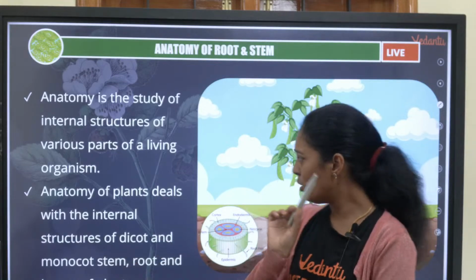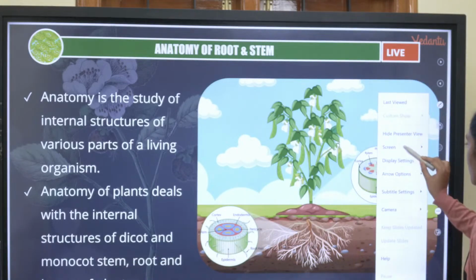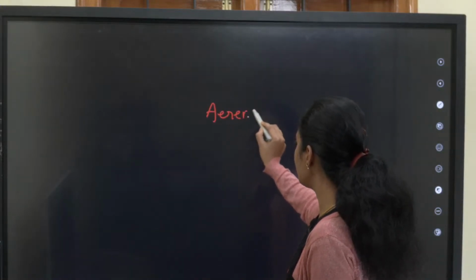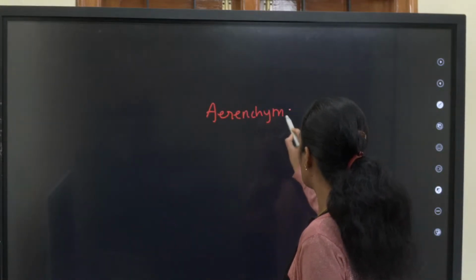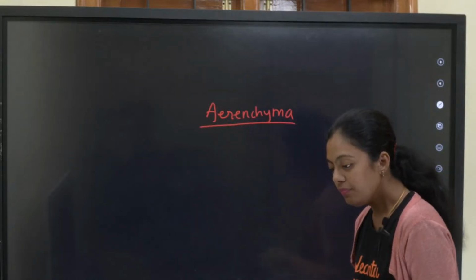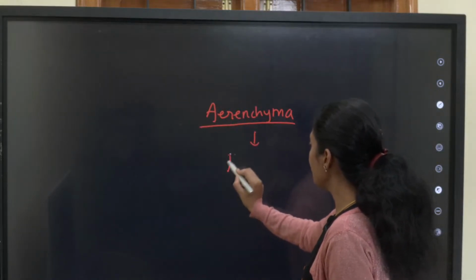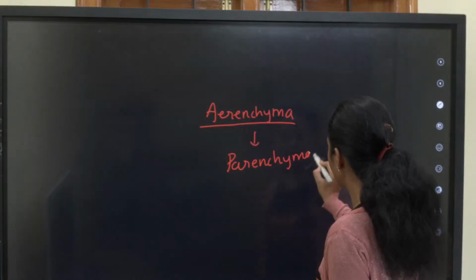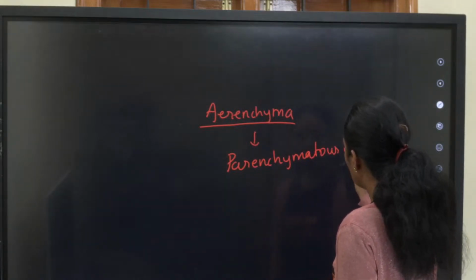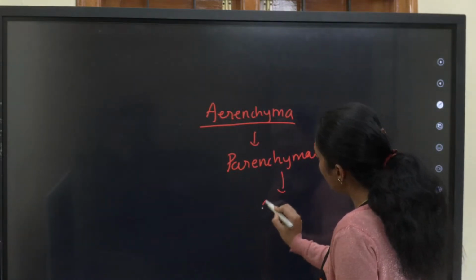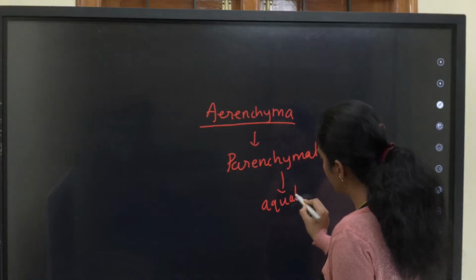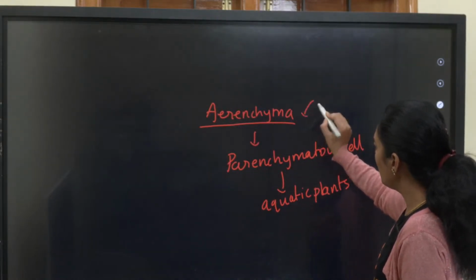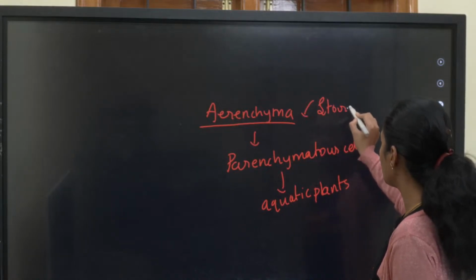I forgot to mention one thing. You have something called parenchyma. Do you know what this is? They are parenchymatous cells present in aquatic plants. They basically store air.